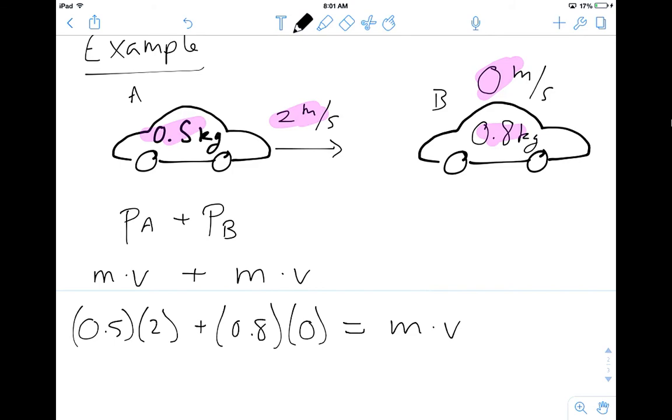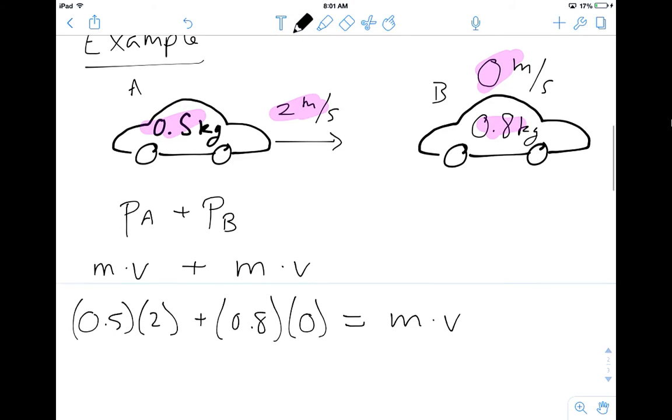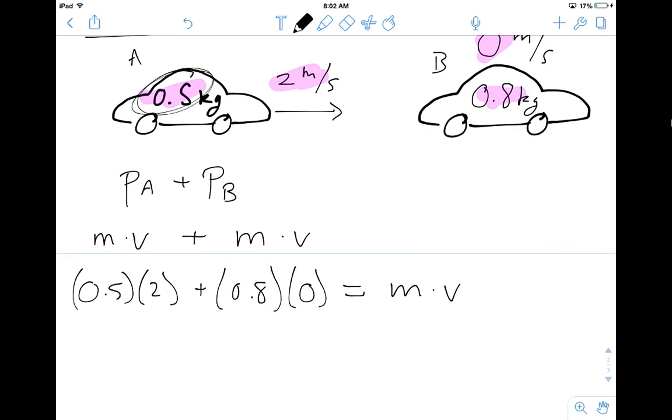And so my mass, I know that I can just take these masses and add them together. So I'm going to have 0.5 plus 0.8 multiplied times the velocity. So let's go ahead and do some of this. I know that 0.5 times 2 is just going to be 1.